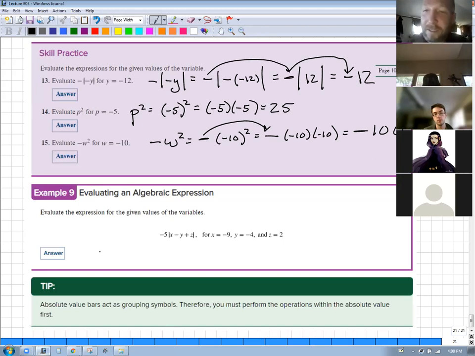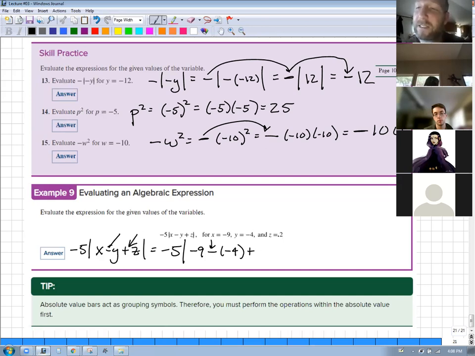All right, here, look at this one. This one has all kinds of stuff. We got a negative 5 x minus y plus z all inside the absolute value. Well, they say that x is negative 9. Then we have a minus, right? Minus. And then y. Y is a negative 4. Then we have a plus sign. And then z. They say z is 2.